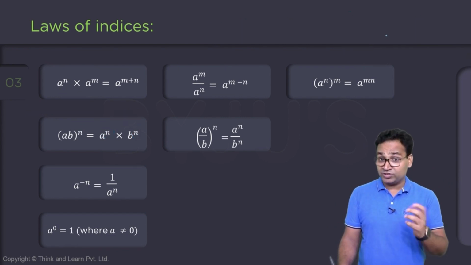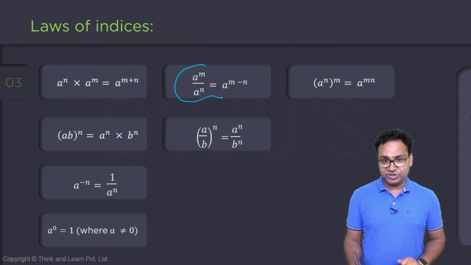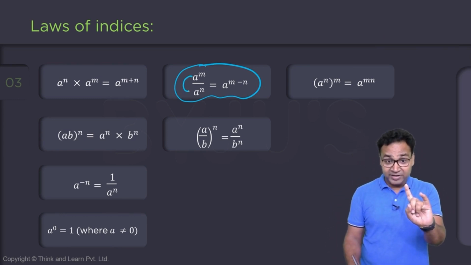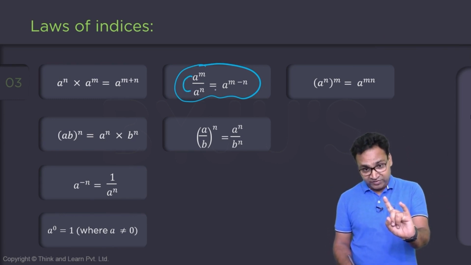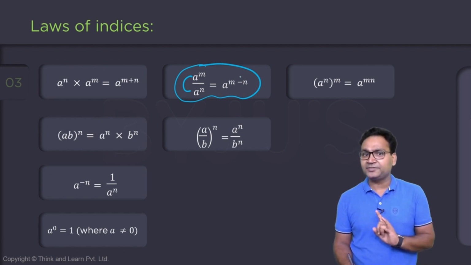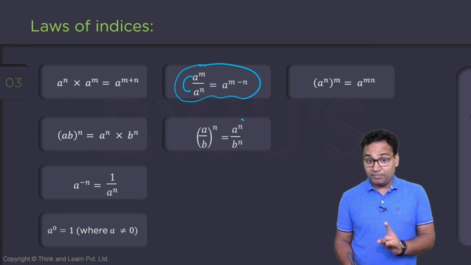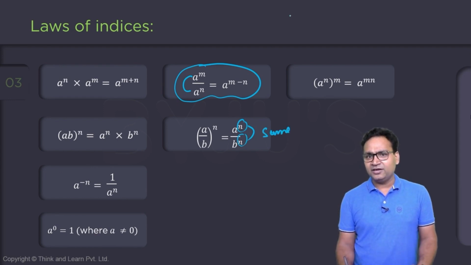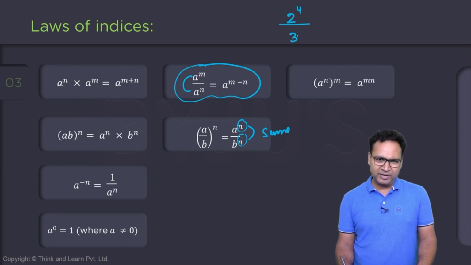Let me show you this once again. Here it is division. What happens in case of division? Again, the condition is that the base has to be the same. So in division, powers are subtracted. Here the powers are the same, so the bases are operated, they are divided. If we have 2 power 4 divided by 3 power 4, I can say this is 2 by 3 power 4.